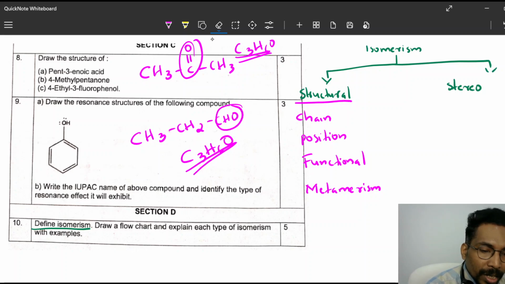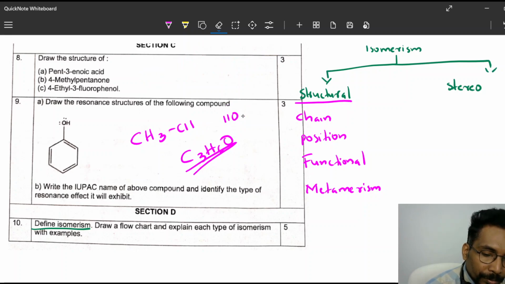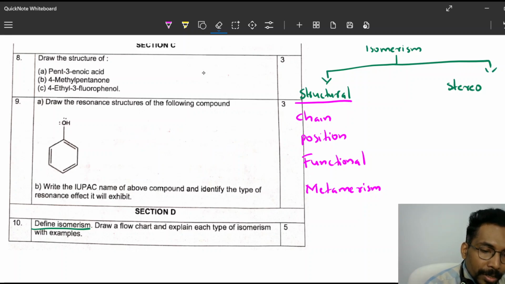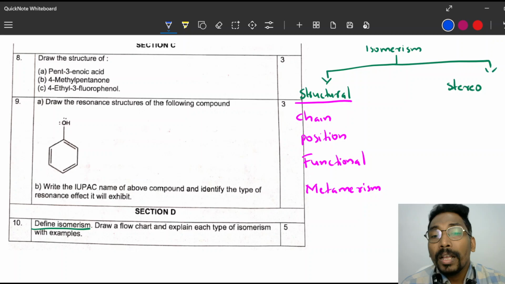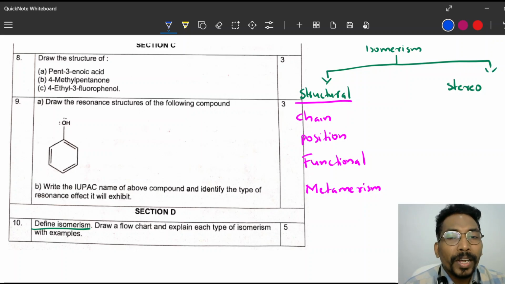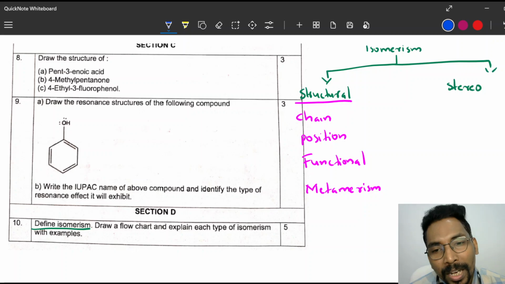And next one is metamerism. Metamerism exists in a case where on both sides of the functional group different alkyl groups are attached.